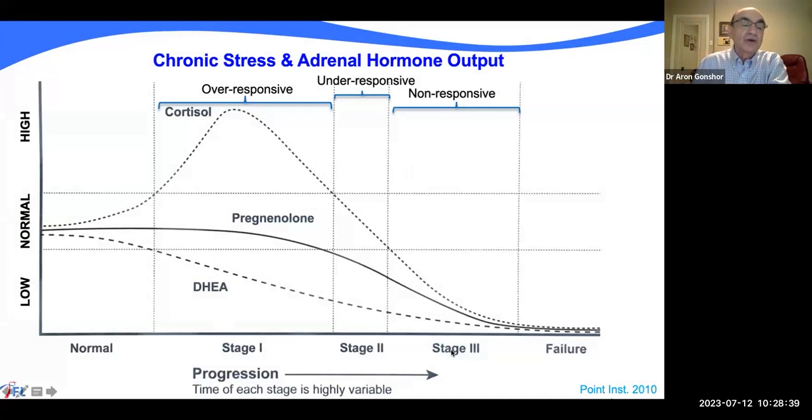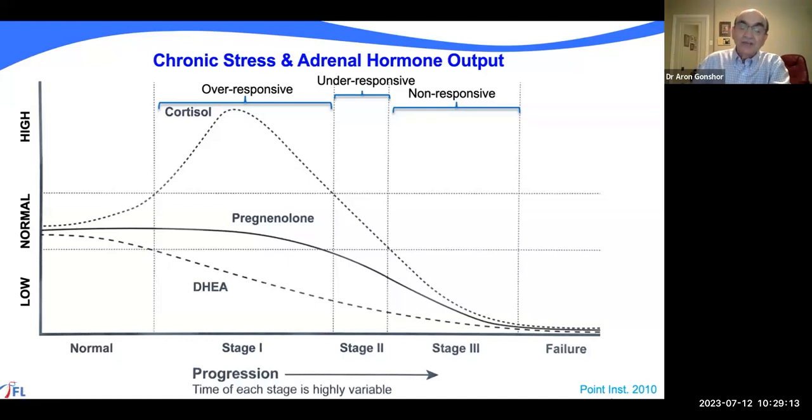We also know that with chronic stress, you will get adrenal hormones that will change going through classic stage 1, 2, and 3. In stage 1, when you are in very high chronic stress, you will get overstimulation of cortisol. It will respond with a lot of cortisol, but after a while, it goes into a mid-level, a stage 2, where the adrenals are trying their best to keep up with what is an ongoing chronic inflammatory, stressful state, until eventually it cannot keep up anymore.